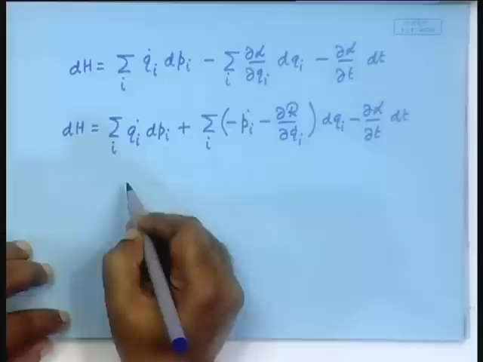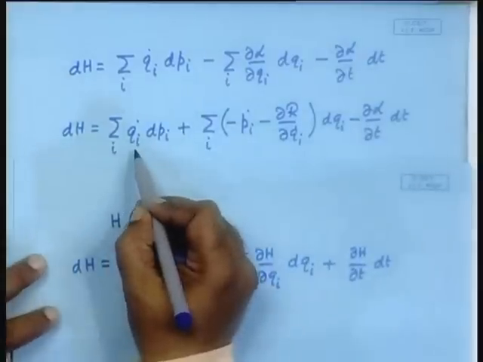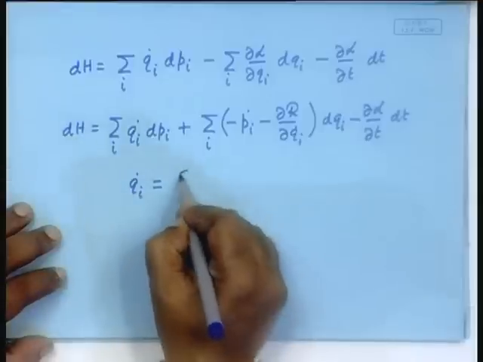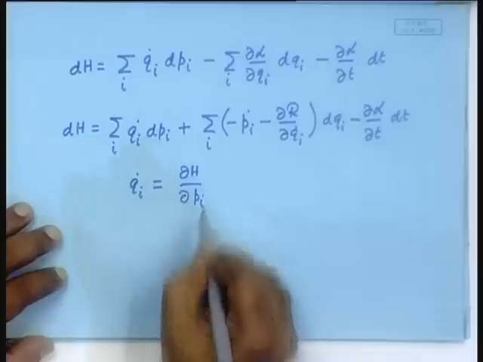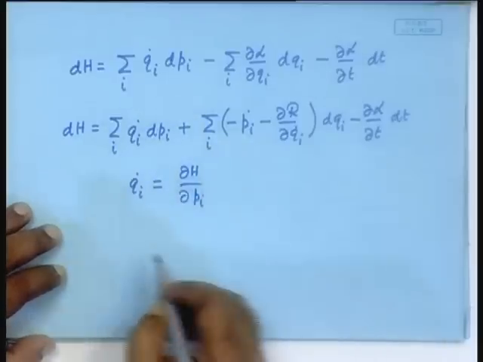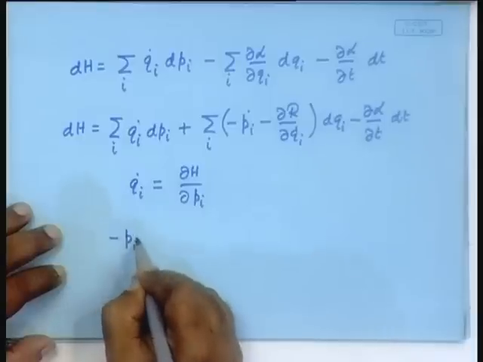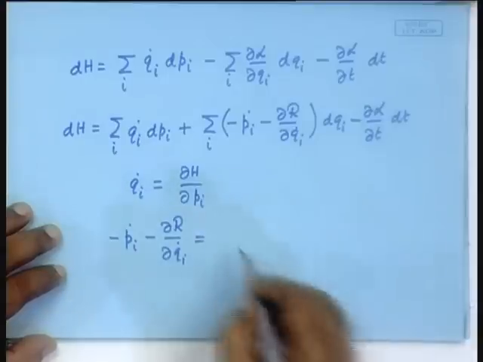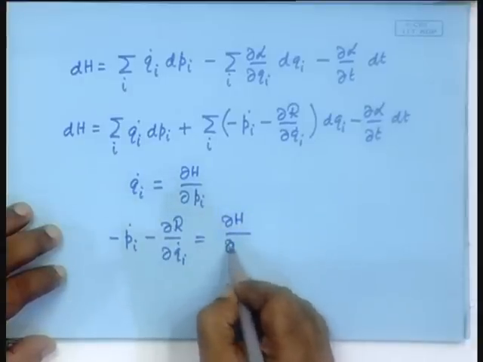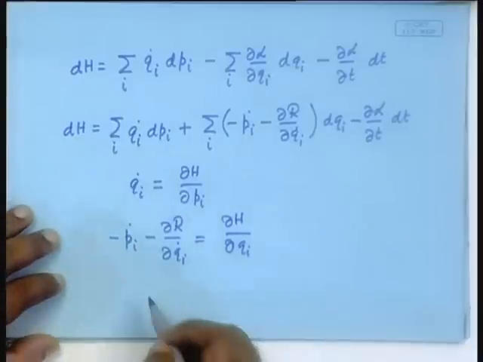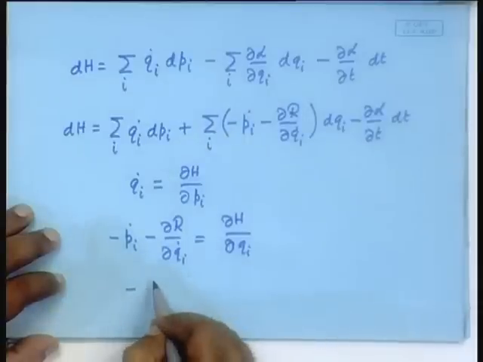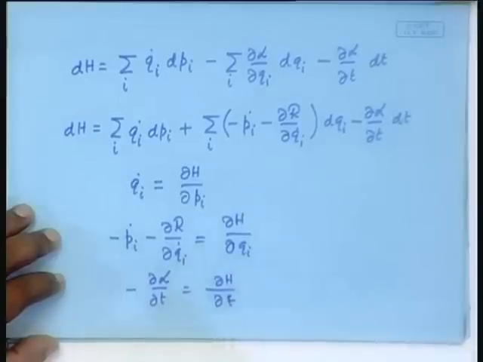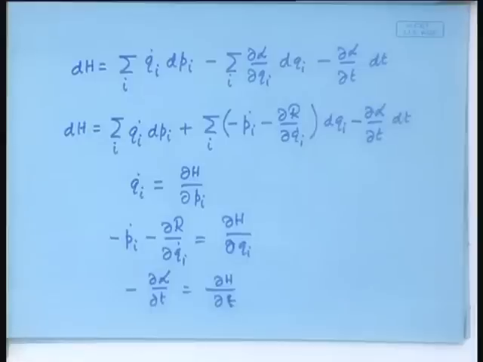The first thing is Qi dot will be equal to this, minus Pi dot minus, will be, and, fine.